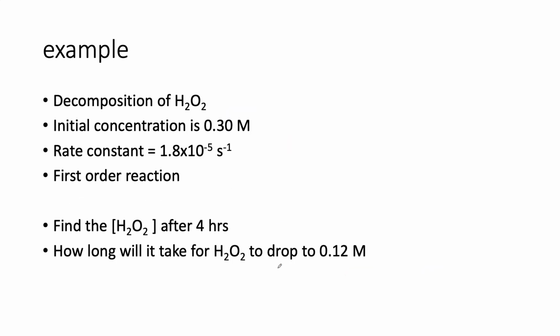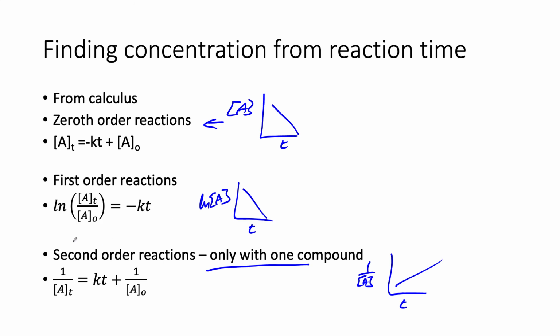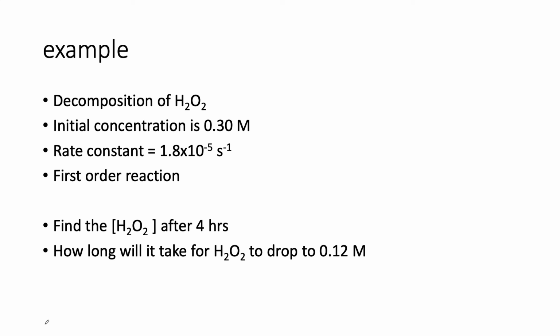And so the example is that we have a first order reaction, so we're looking at this reaction here, the decomposition of hydrogen peroxide. We want to know how much hydrogen peroxide we'll have after 4 hours. The rate constant is in seconds, so we've got to change the hours to seconds. That's 4 times 60 times 60, which is 14,400 seconds.